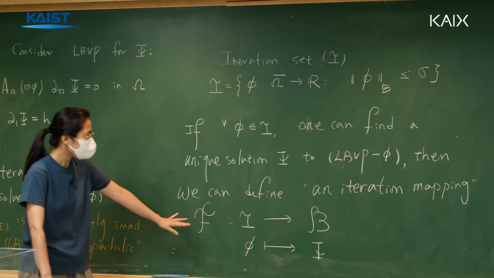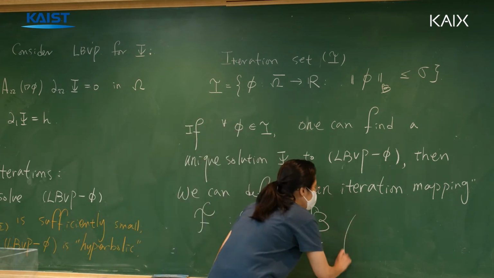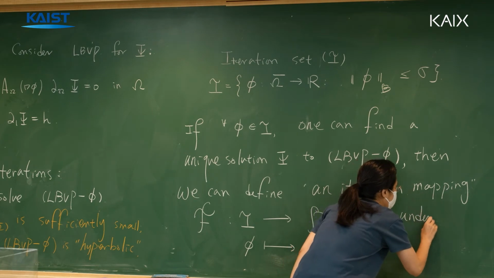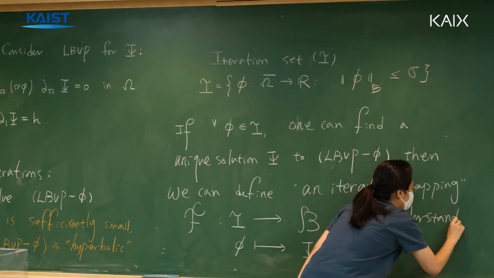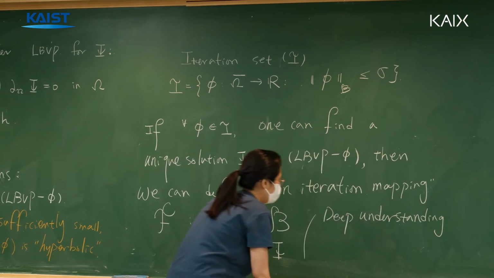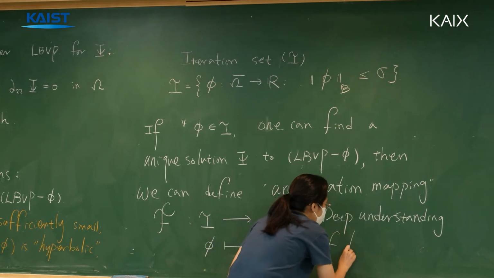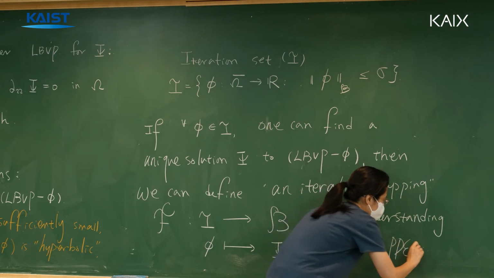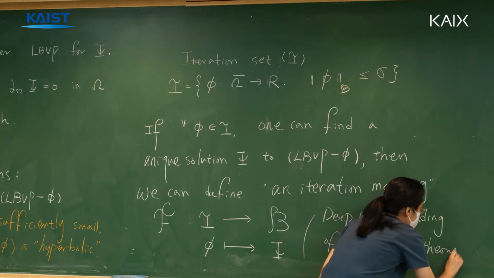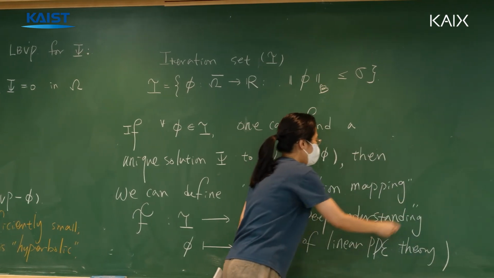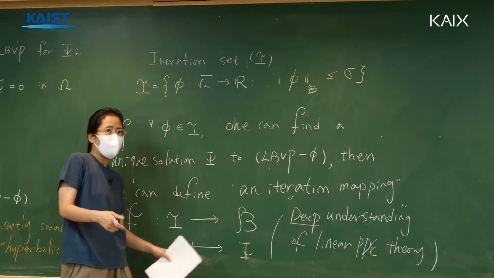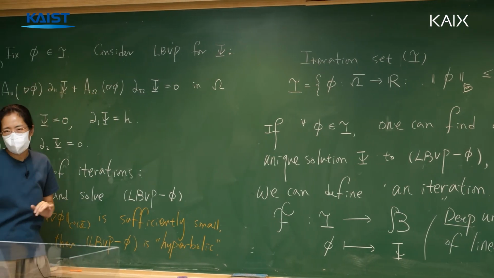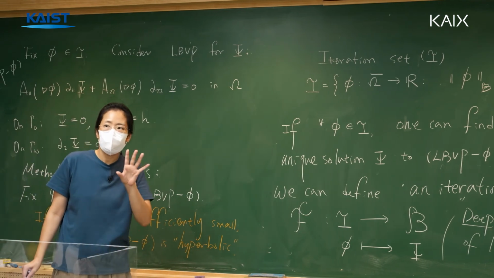Here you need a really deep understanding of linear PDE theory. When we say deep understanding, you really have to consider the more general case: if the coefficient has bad regularity, how bad is the regularity of your solution going to be?